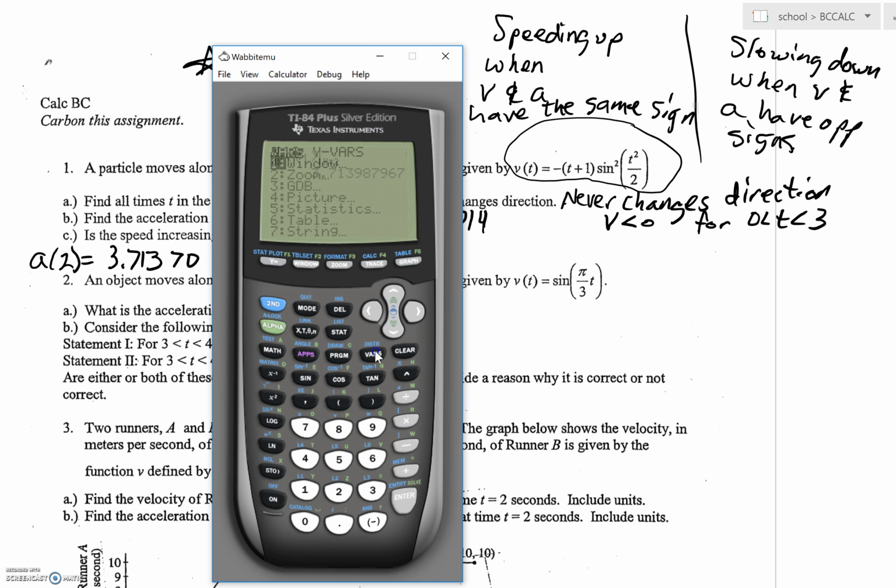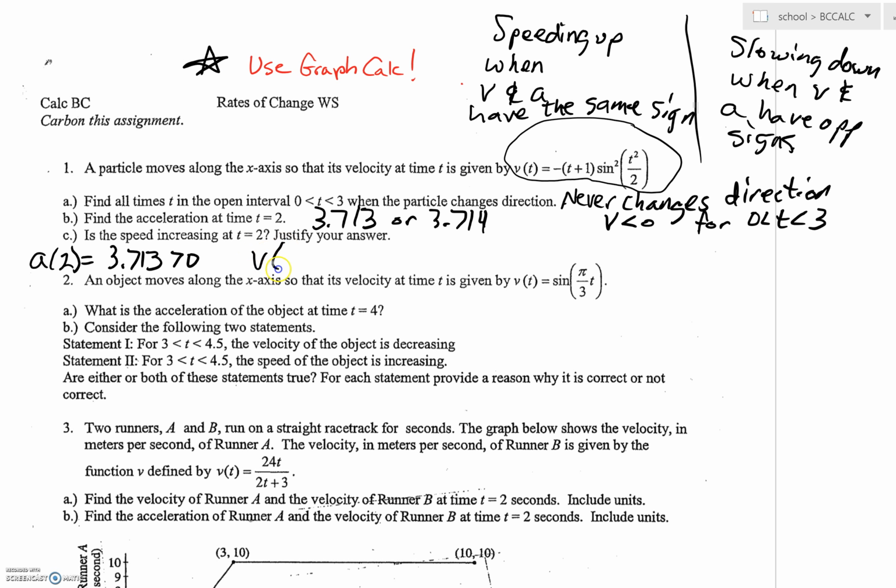I could do vars, Y-vars, function, Y1. You're saying, hey, Y1, plug in a 2. It's kind of like f of 2 or v of 2 right here. You'd say that's negative 2.480. By the way, you knew already from part A that velocity was negative there.